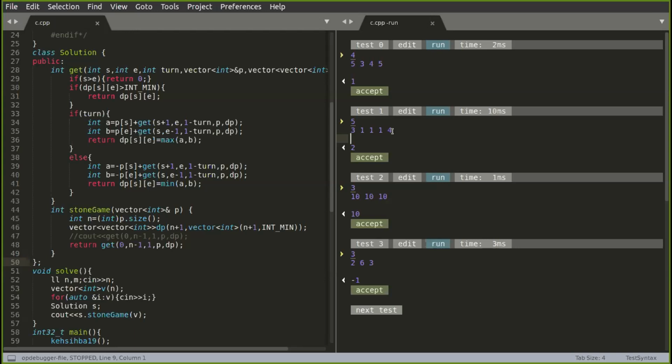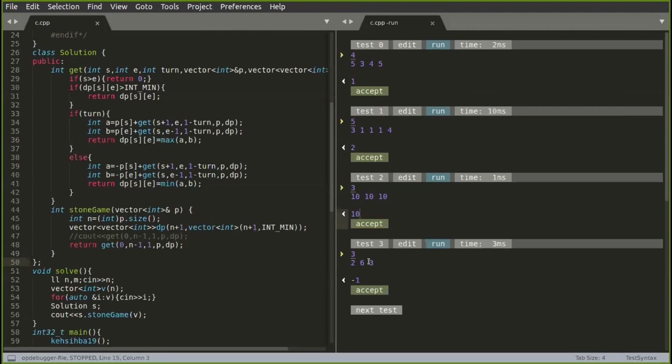Yeah, so here for Alex it will be 4 plus 1 plus 1, which will be 6, and for Lee it will be 3 plus 1, which will be 4. So 6 minus 4 is again 2. Then here Alex will pick two tens and Lee will pick one 10, so 20 minus 10 is 10.